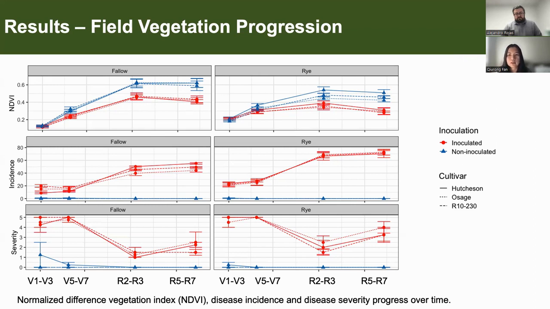However, as plants grow into the reproductive stage, these plants are slowly recovering from the infection. When we put the NDVI and incidence together, as incidence increases, the NDVI is decreasing since there is less vegetation present in the inoculated plots.